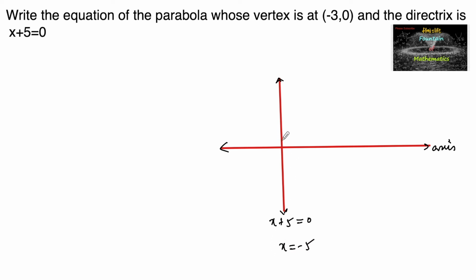So definitely the perpendicular line to x is equal to negative 5 must be any line parallel to the x axis, and it is passing through the point of the vertex given, minus 3, 0. So its y coordinate is 0, so we can consider this as the x axis. So the x axis is the axis of the parabola, and the line which is parallel to the y axis, that is x is equal to negative 5, is the directrix.